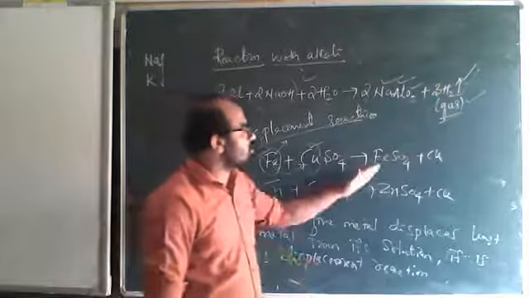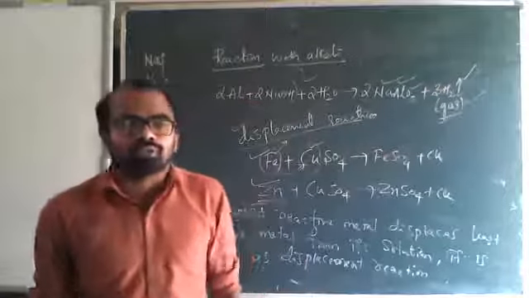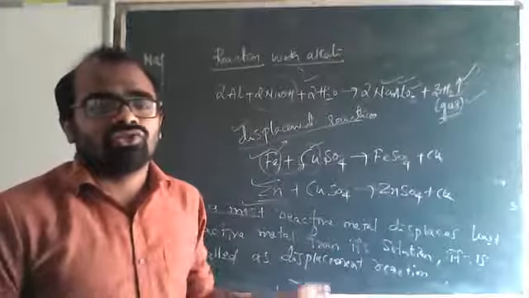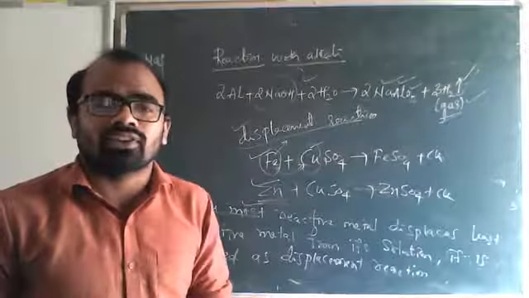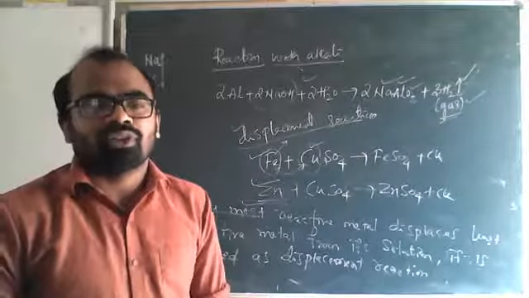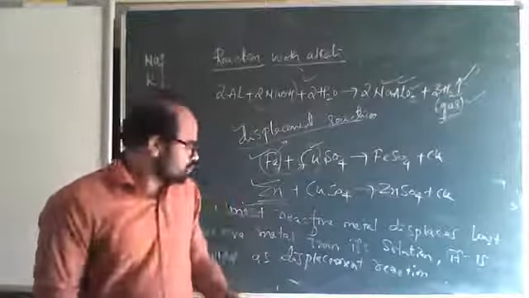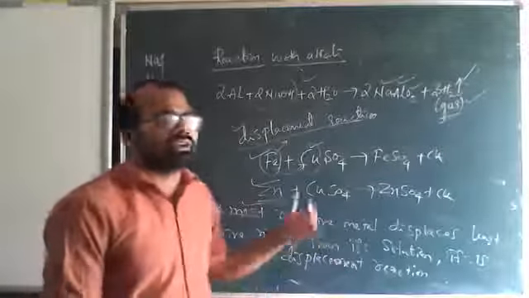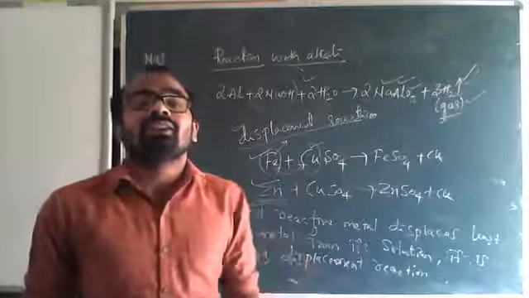And it produces iron sulfate along with copper. So this way you have to write. Same thing with zinc. Zinc reacts with copper sulfate and it displaces the copper from its sulfate solution. So it becomes zinc sulfate. So you should know this: when a more reactive metal displaces a less reactive metal from its solution, it is called a displacement reaction.